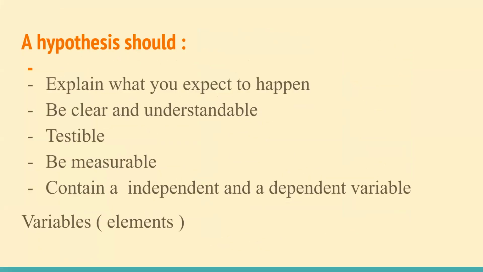Now, in sociology, a hypothesis should explain what you expect to happen. It should be clear and understandable. It should be testable. It should be measurable, and it should contain a dependent and independent variable.